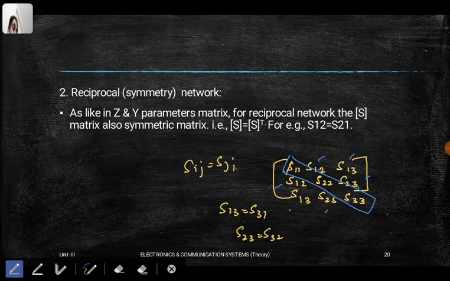The top portion is nothing but a reflection of the bottom, or vice versa. So it's nothing but the transpose of the matrix. If the matrix and the transpose of the matrix are the same, we call that a symmetrical network.